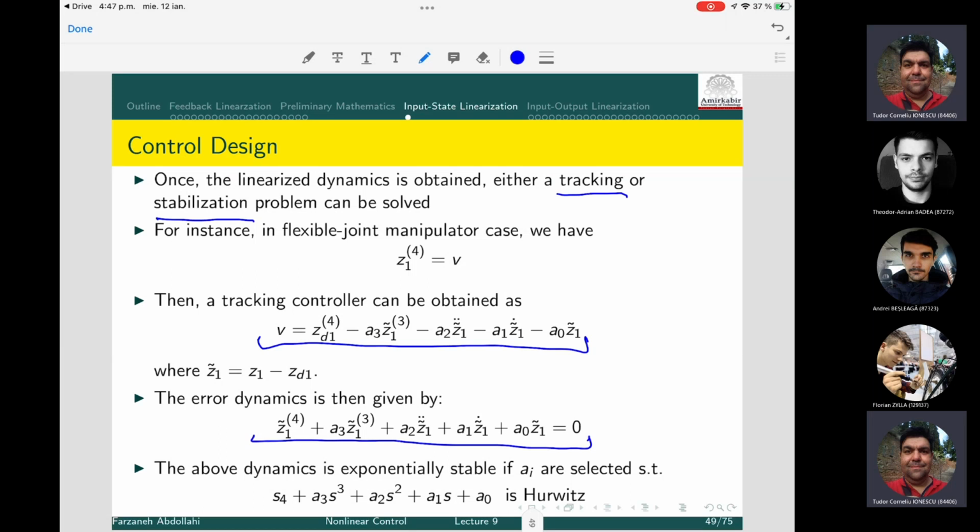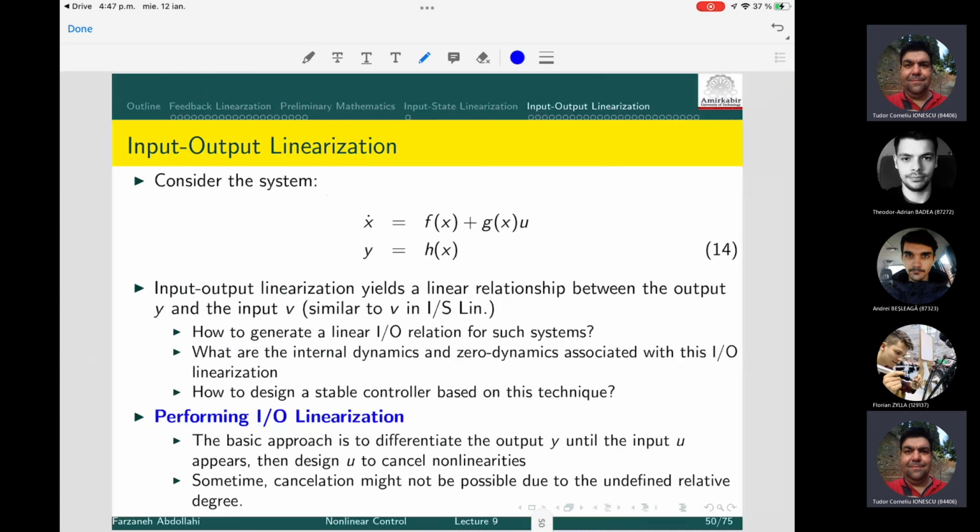This is exponentially stable if you pick the coefficients such that this polynomial is a Hurwitz polynomial, and you can do that. You just use the Hurwitz criterion, and you get inequality-like conditions for the coefficients A1 up to A4.